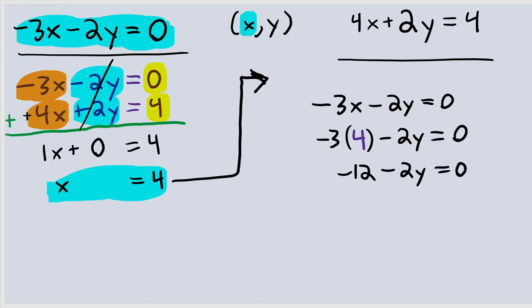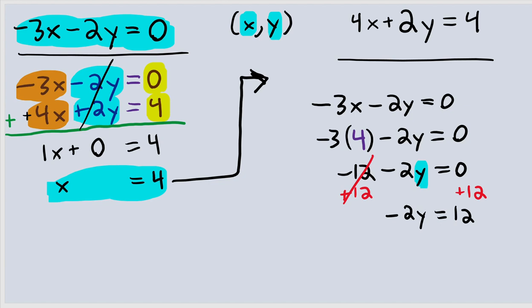Now here, I just treat this like a regular equation, and my only job is to solve for that y. So let me go ahead and start getting rid of stuff on the side of the y, so I know what it's equal to. Well, let me get rid of the minus 12 first. The opposite of minus 12 is plus 12, so I'm going to add 12 to both sides. On the left, that cancels out, leaving me with negative 2y equals 0 plus 12 is 12.